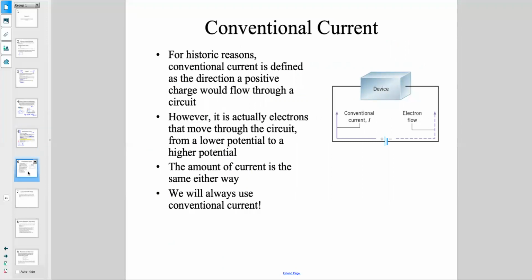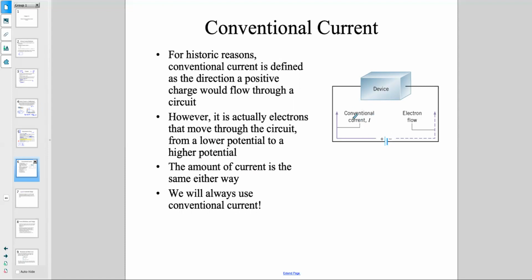Conventional current. Again, I've talked about it back in chapter 20. I want to talk about it here as well, since this is the point that the book talked about it. For historical reasons, conventional current is defined as the direction that positive charge would flow through the circuit. So the charges are going from positive all the way to negative, a higher potential to a lower potential.